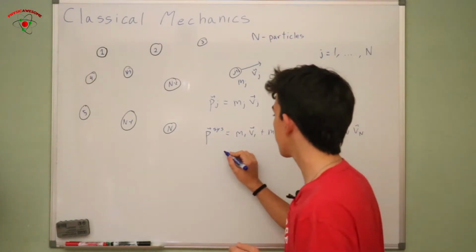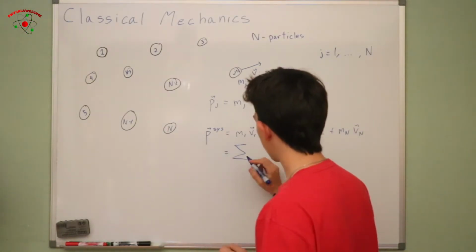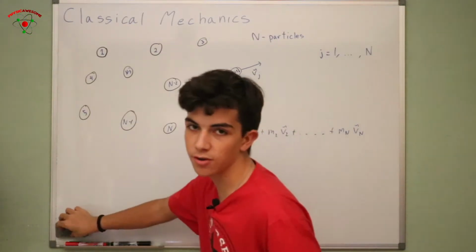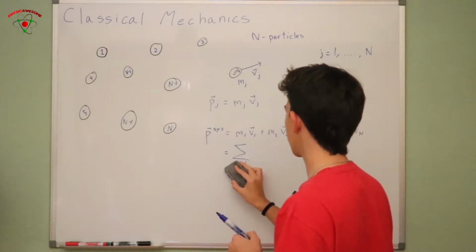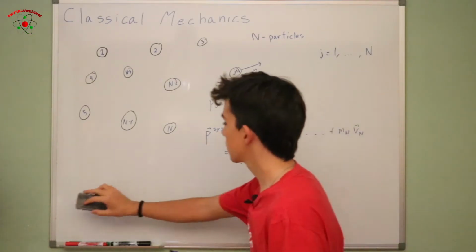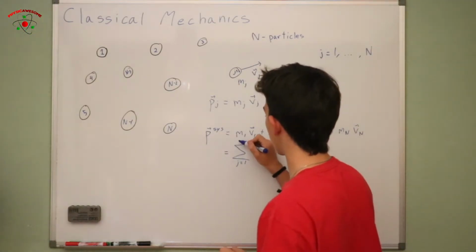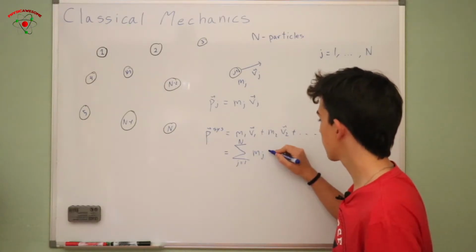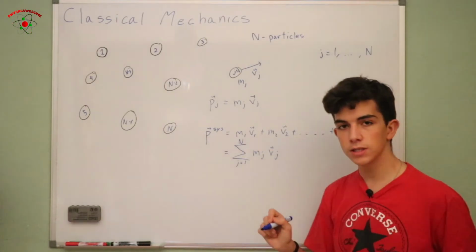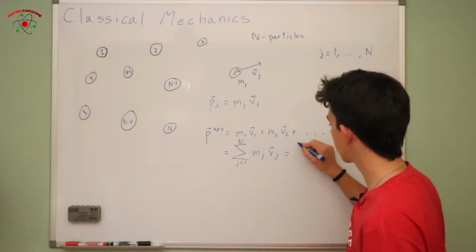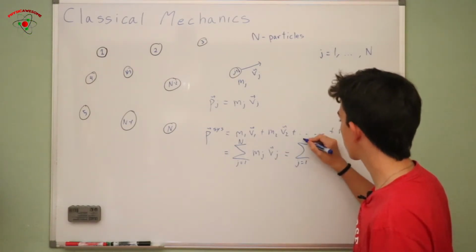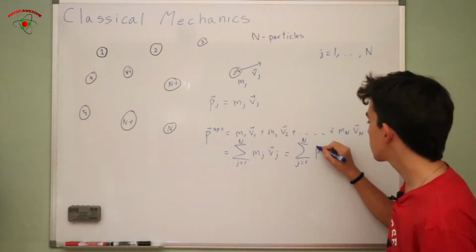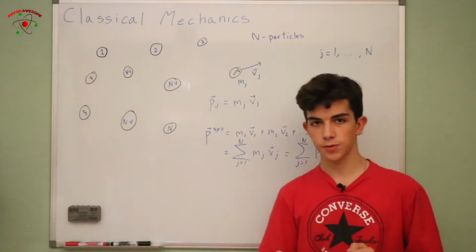This is no other thing than the sum from i equals 1, or let's better use j as it's the label we've been using, so from j equals 1 to j equals n of m_j v_j, which is no other thing than the sum from j equals 1 to j equals n of each of the individual momentums.